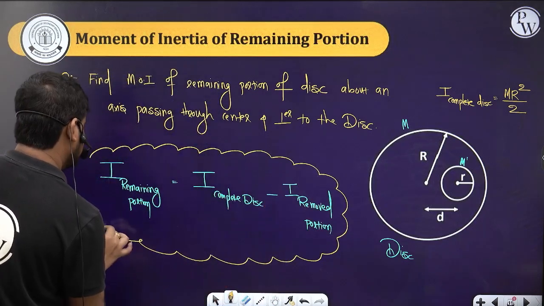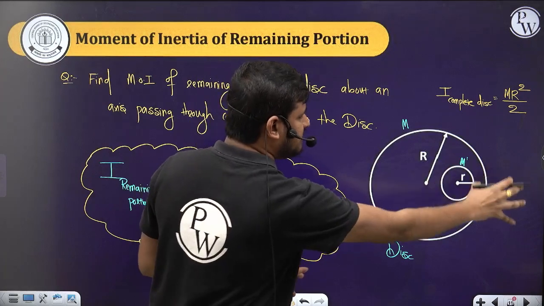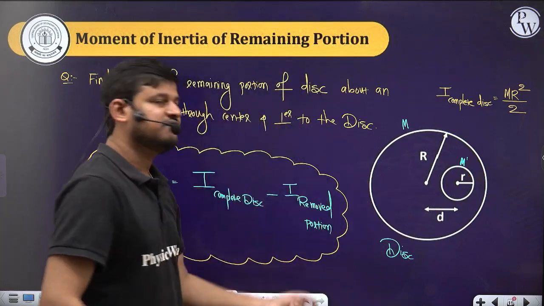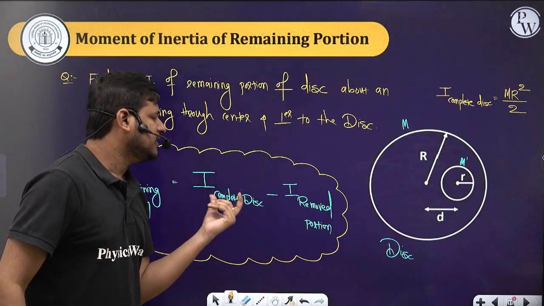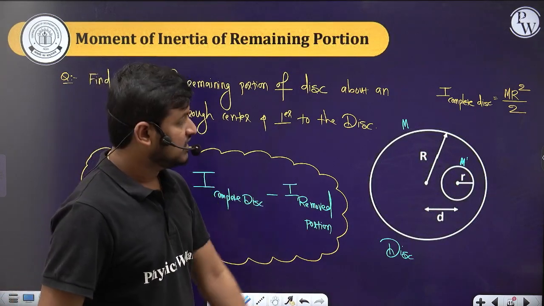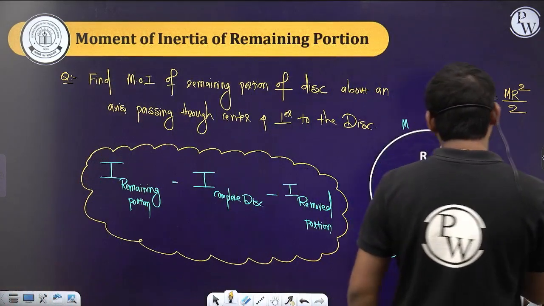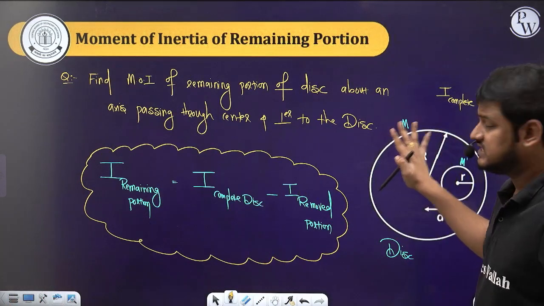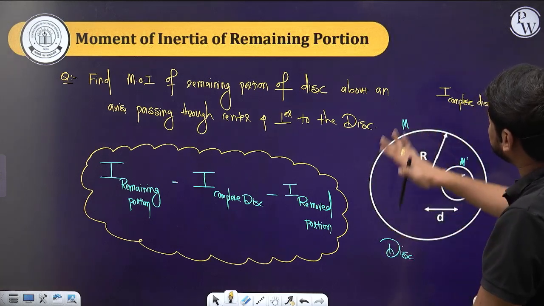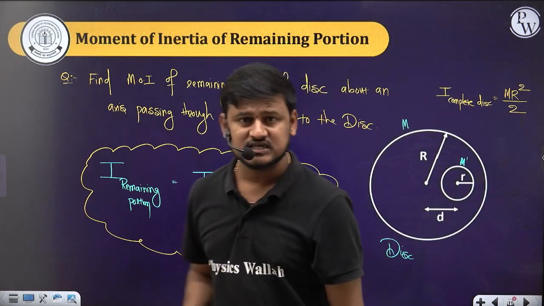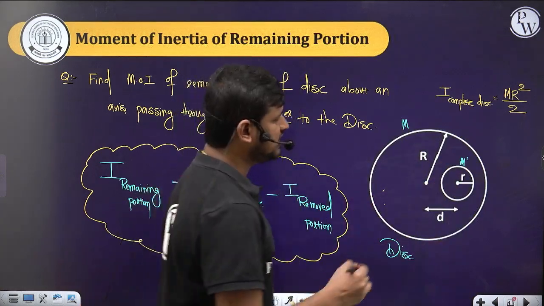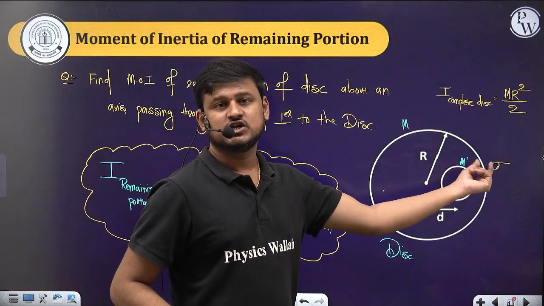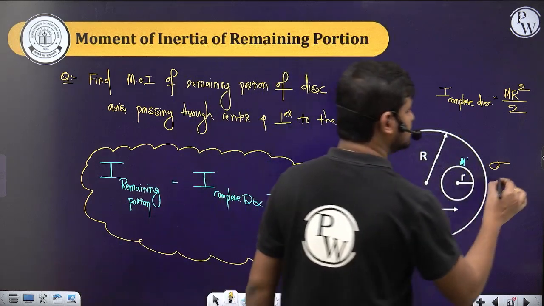Remaining portion means whatever is left after removing some part. The removed part's moment of inertia we have to subtract from the moment of inertia of the complete disk. Understood? Now the question is, how do we calculate the moment of inertia of the removed part? In this disk, the total mass is distributed over its area, so we have the areal mass density, which is the mass per unit area.